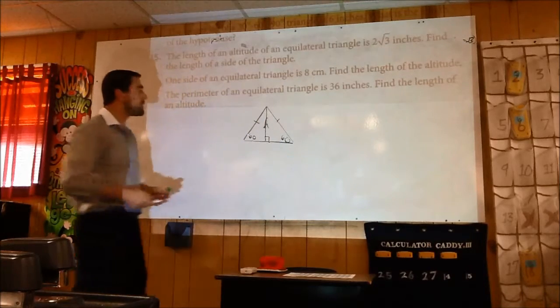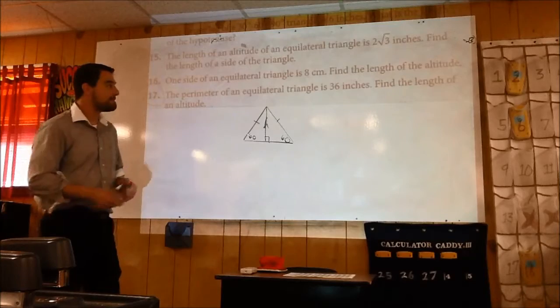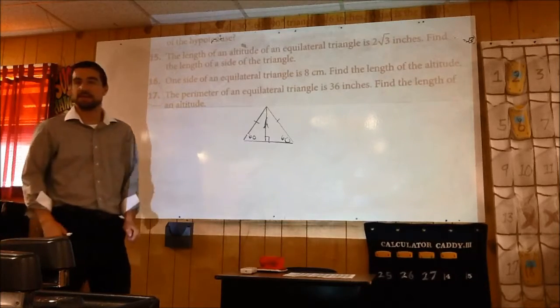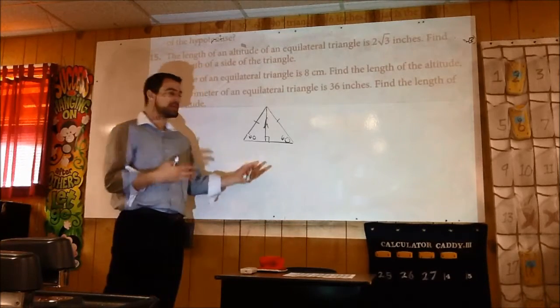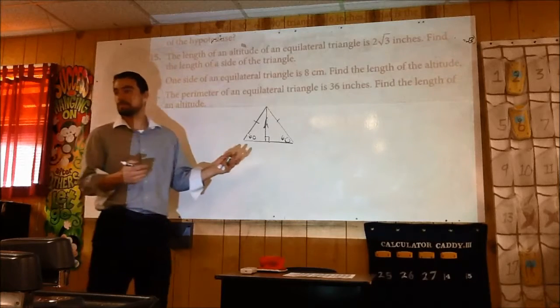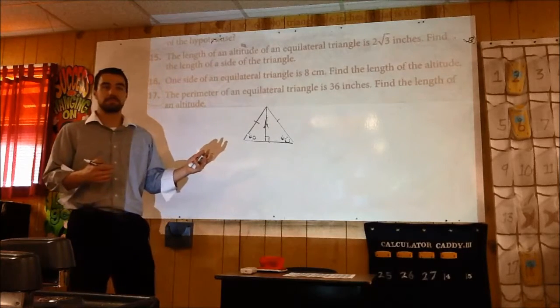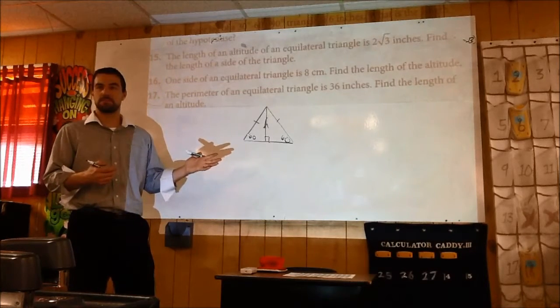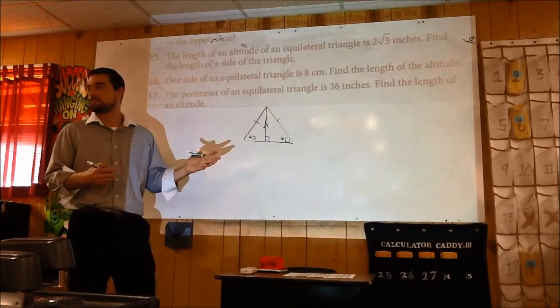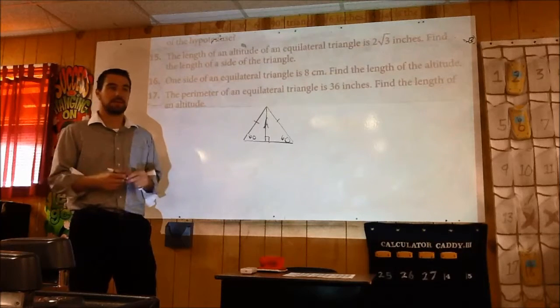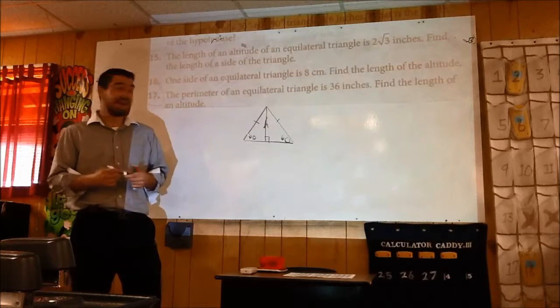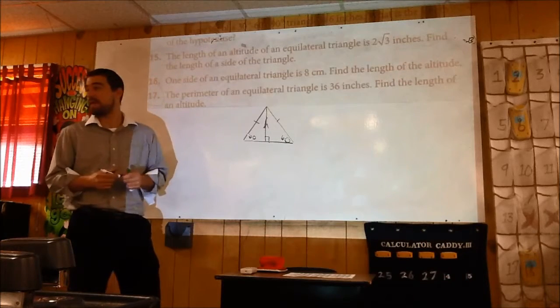It gives us that the perimeter is 36. So by giving us the perimeter of 36, if we do a little bit of work, what else do we know about this triangle? The length of all the sides.